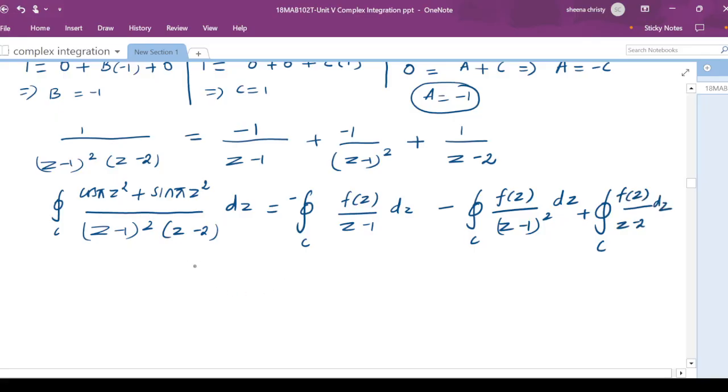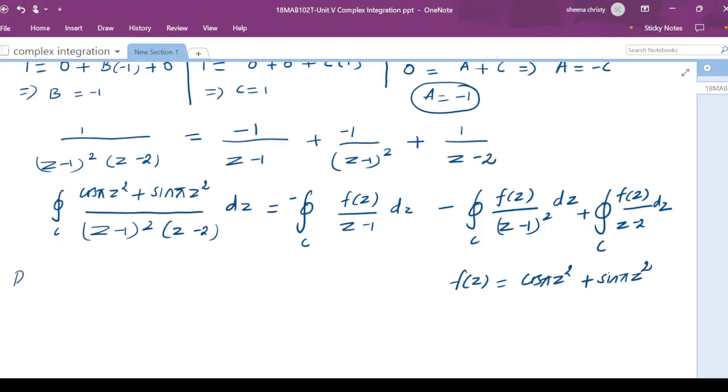What is f of z here? f of z we have considered as cos pi z square plus sin pi z square.